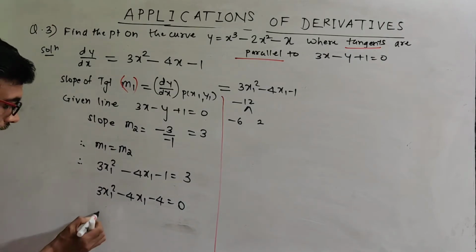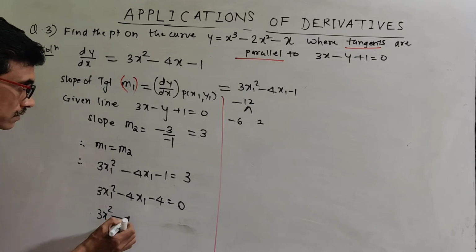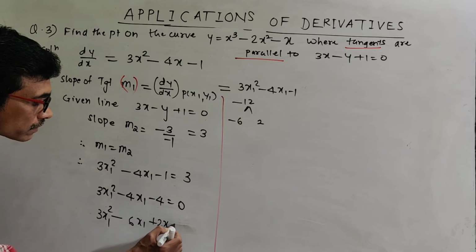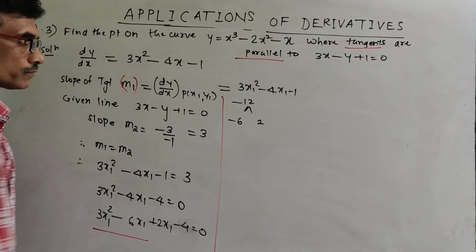So 3x1 square minus 6x1 plus 2x1 minus 4 is equal to 0. So 3x1, and here it is 2.